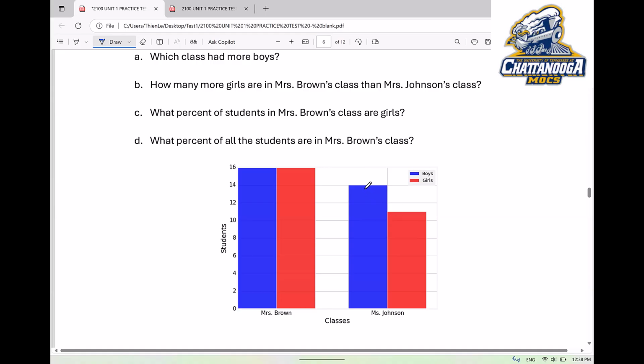For Mr. Johnson, we have 14 plus 11, which is 25. So the total students here would be 32 plus 25, which is 57. So the percent of students from Mr. Brown's class would be 32 divided by 57. And this will give you the percent, right?